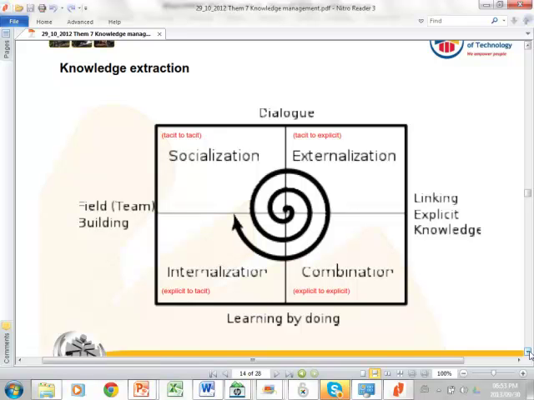All right, and then we get linking explicit knowledge. So this is where we combine, the combination. So this is where we combine explicit to explicit. So the subject says to the people, when the bell rings, you must stand up. And they say, but why?